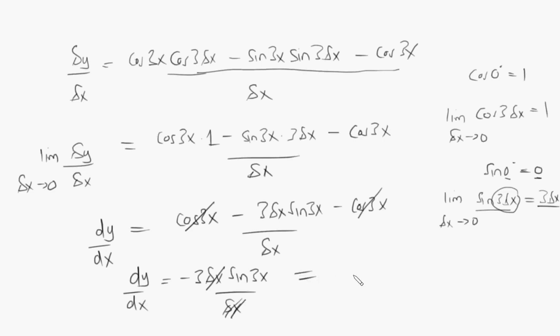So my final answer now is just negative 3 sine of 3x. So nilichokipata ni hiki kwamba y ni sawasawa na cos of 3x, basi dy dx ni sawasawa na negative 3 sine of 3x.